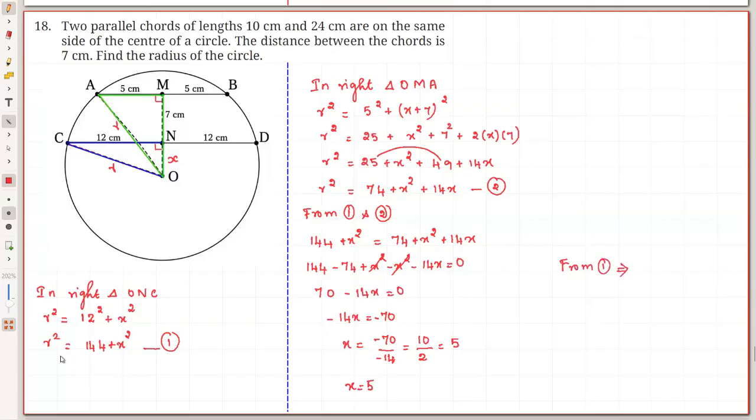R square is equal to 144 plus 5 square. 5 square is 25, and 144 plus 25 is 169. So R square is equal to 169. Therefore, R is equal to the square root of 169, which is nothing but 13. So the radius is equal to 13.